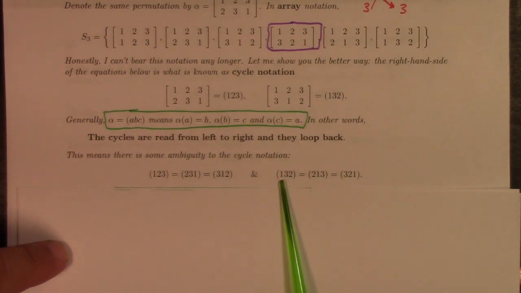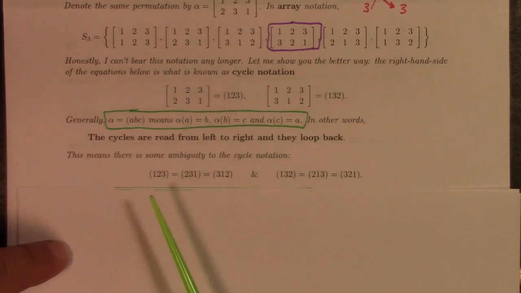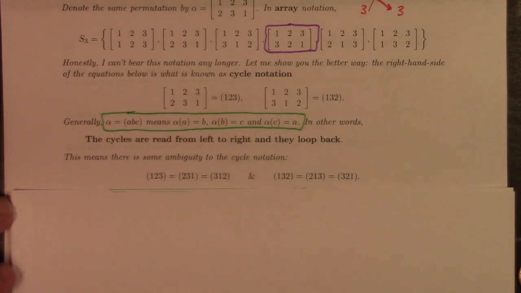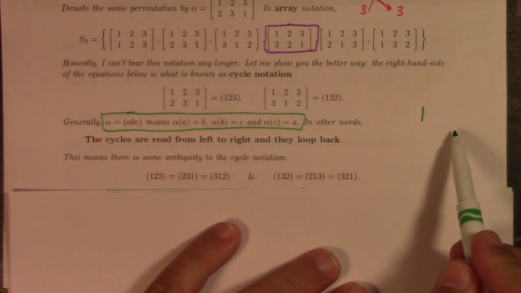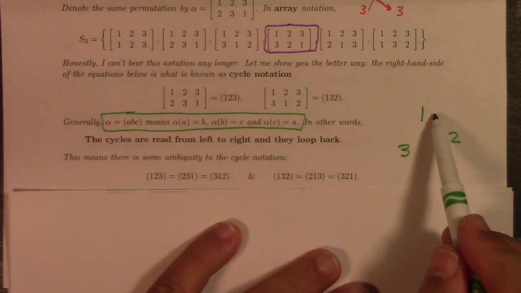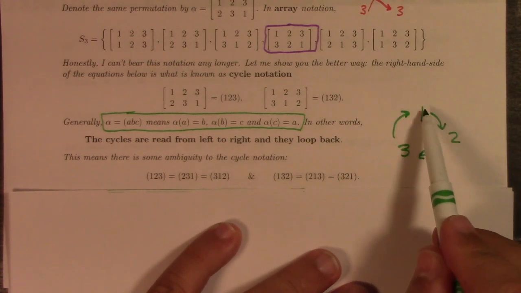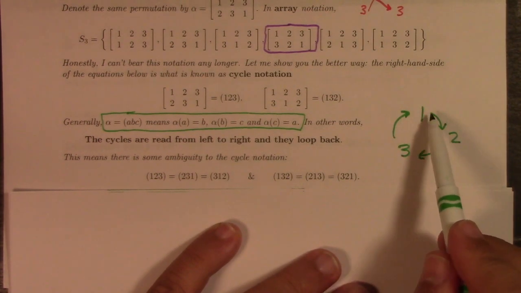We can take a given permutation, and there may be more than one set of numbers which gives you the same cycle. And that's okay, because another way to think about the cycle is like a loop. I don't think I have this in the notes because I'm not that good at tech. So we could think of 1, 2, 3 as literally a loop: 1 goes to 2, 2 goes to 3, 3 goes to 1.